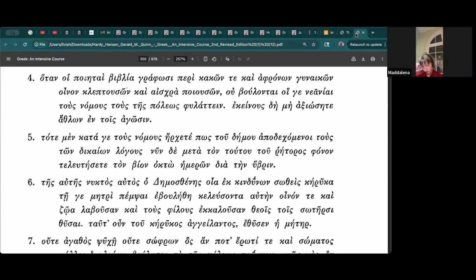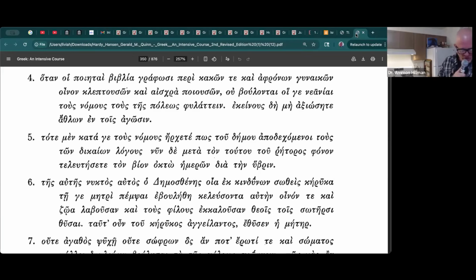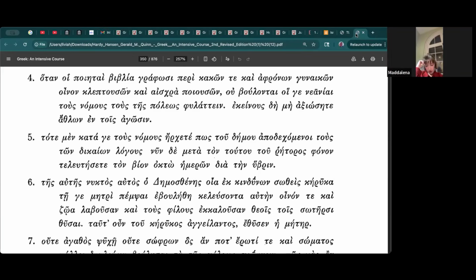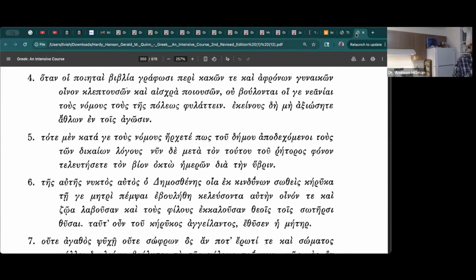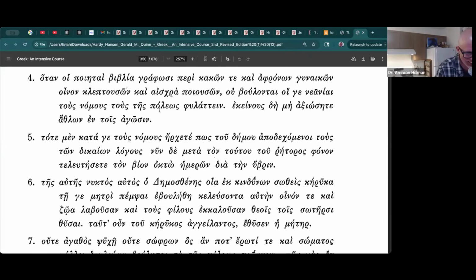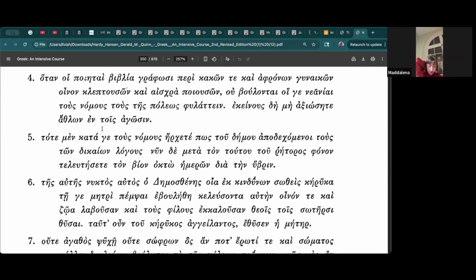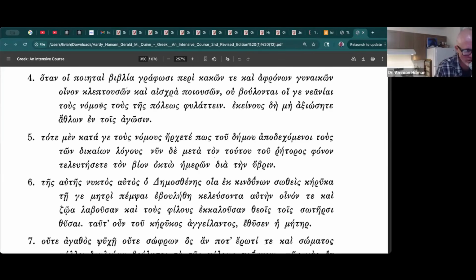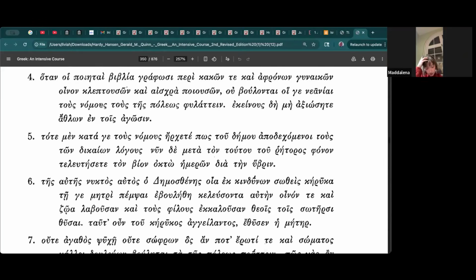Do not deem worthy ekeinous, those knuckleheads, athlon, of prizes, en tois agosin, in the contests. Good.